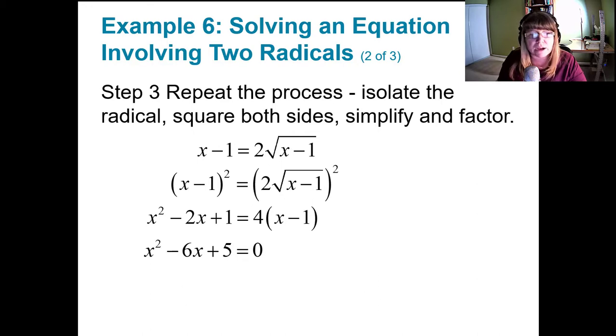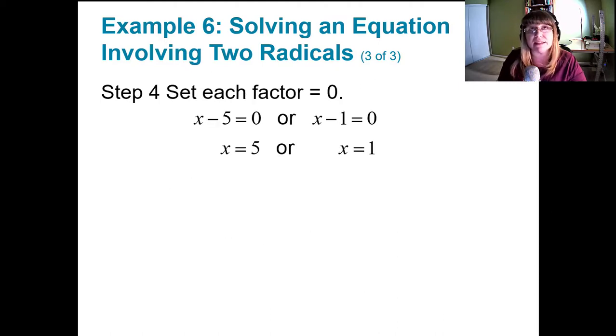x squared minus 6x plus 5 equals 0. Factoring, we get (x minus 5) times (x minus 1). So our possible solutions, positive 5 and positive 1. But again, we blew this up and it was a power of 2. Not only did we blow it up once, we blew it up twice. So we definitely have to check our solutions.